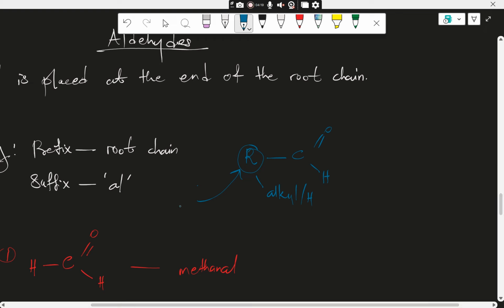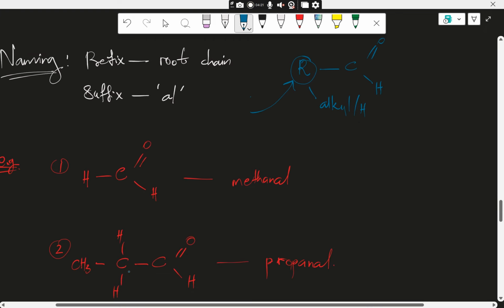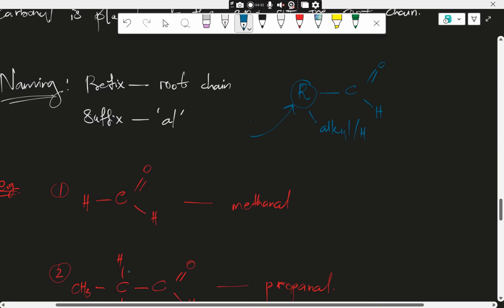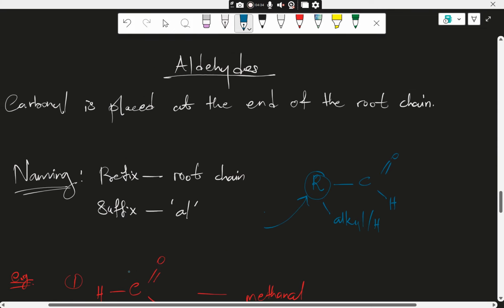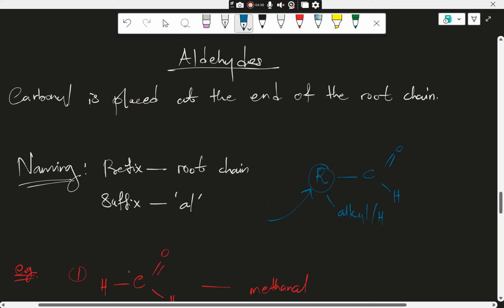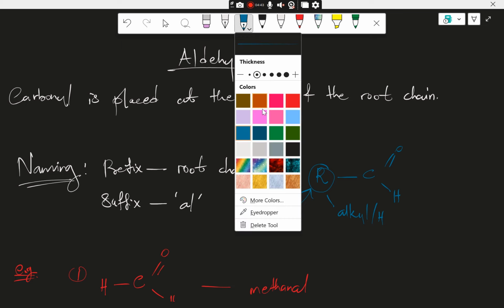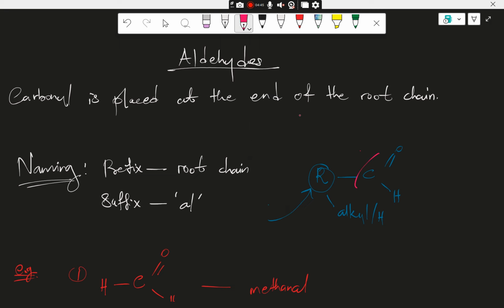You can see for methanal you have an H on this side, but for propanal you have a C on this side, and that will be the same for ethanal. So that's what aldehydes are: the carbonyl group is placed at the end of your chain. That's the group, just to specify.